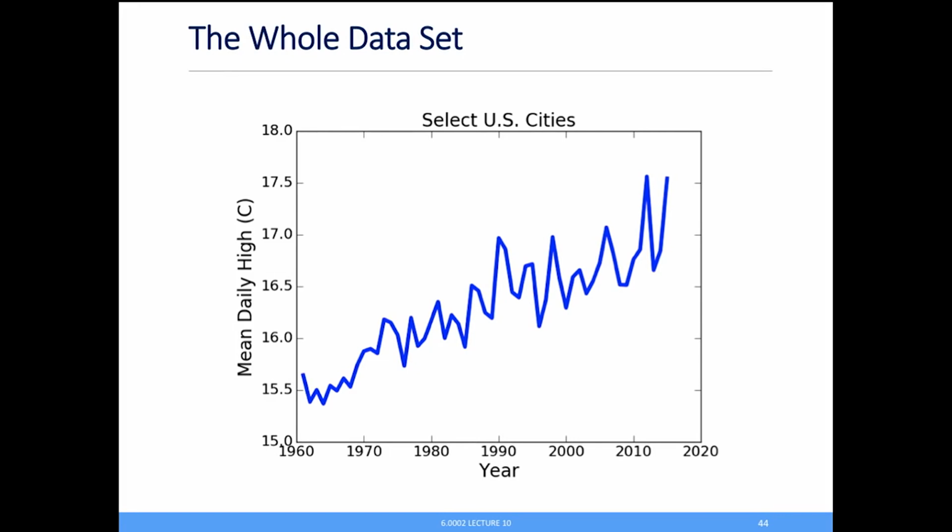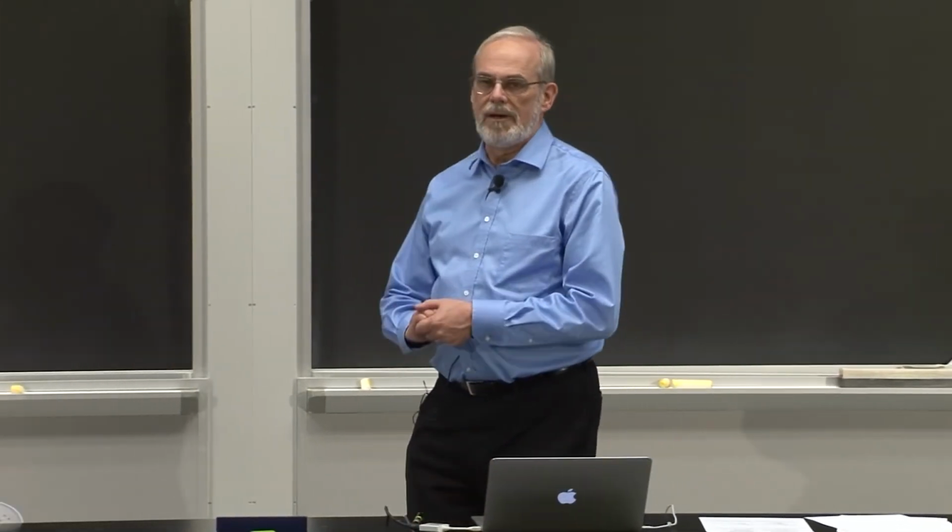Now, this is a little bit deceptive because of the scale I've used here, but nonetheless, it shows in the US over a 55-year period, the mean daily high has gone from about 15.5 degrees Celsius up to about 17.5. So it's changed.